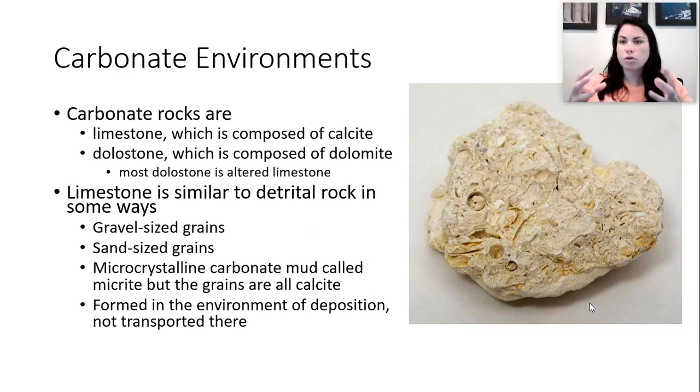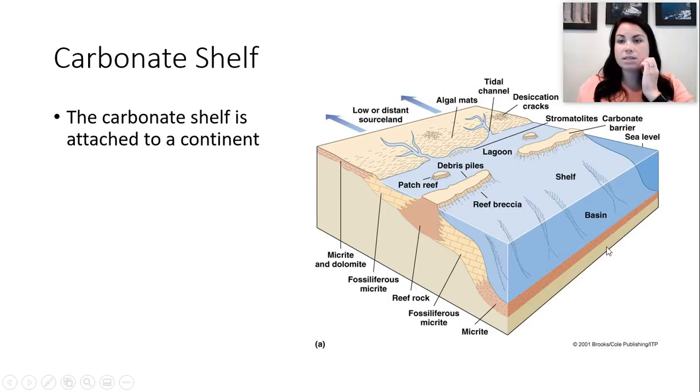So this is something that occurs within that environment instead of having the calcite or these carbonate rocks being transported by waves or rivers or something like that. And we see this typically in a carbonate shelf. This is attached to the continent. And so this is where, instead of having a lagoon with sand dunes and sand barriers, we see a carbonate barrier.